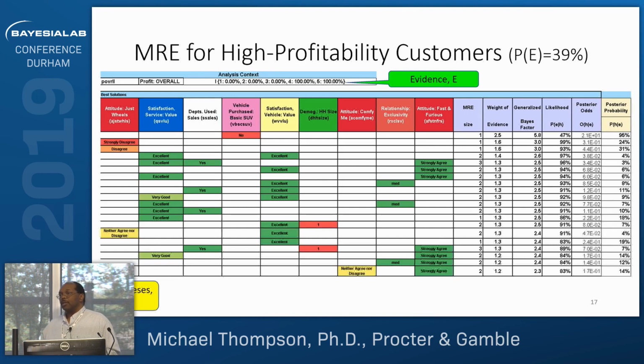For example, there are some scenarios where you can have a very large GBF, but it's only because the probability of, say, E given not H is so infinitesimally small that it's almost zero, or literally can go to zero. And P of E given H could be almost just as small, but maybe 100 times bigger. So you'd get 100 for your Bayes factor and think that's large, but it's almost an impossible case.